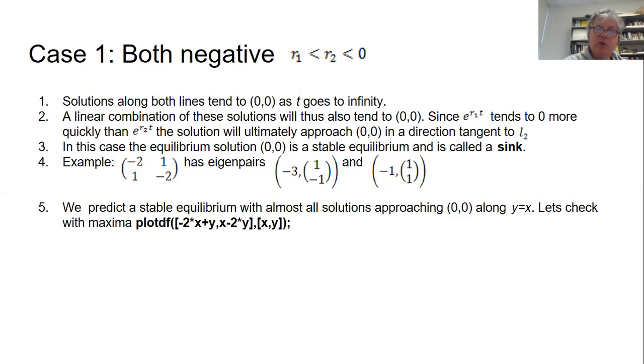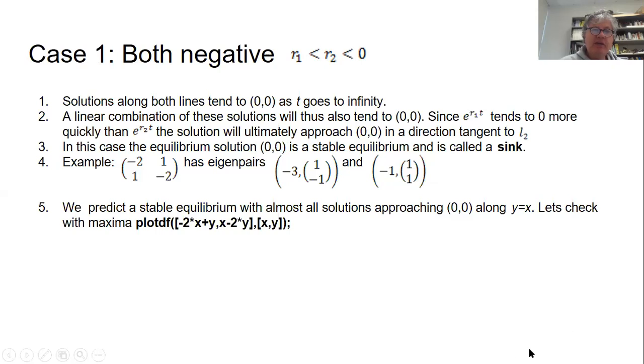For -3 it's 1, -1, and for -1 it's 1, 1. You can double check that. So for this system we predict a stable equilibrium with almost all solutions approaching 0, 0 along the line y equals x, right, because y equals x is the line spanned by 1, 1.